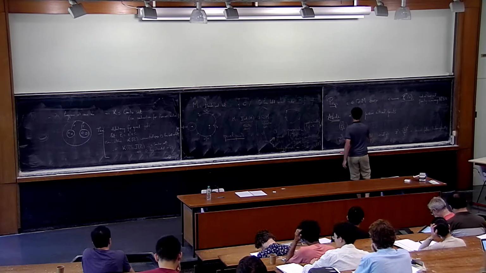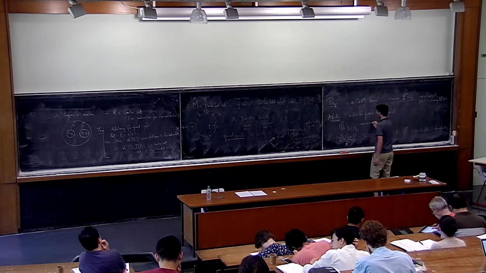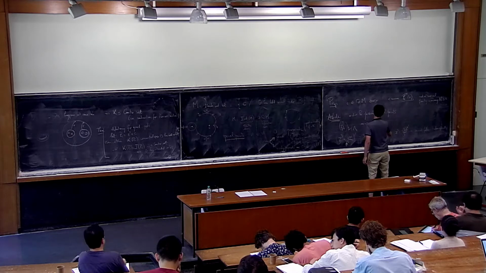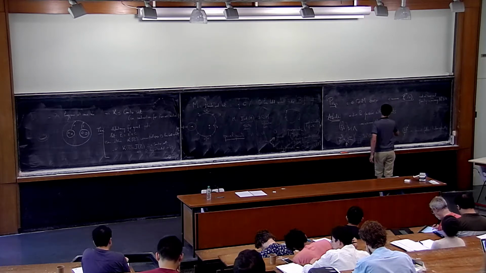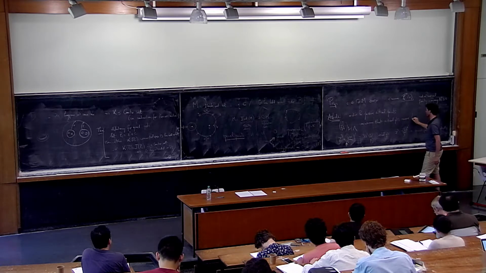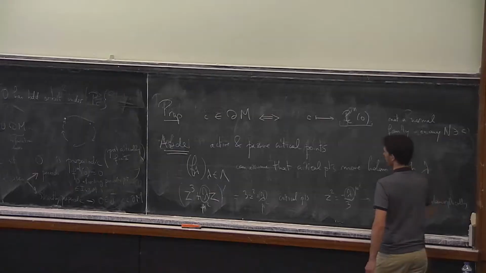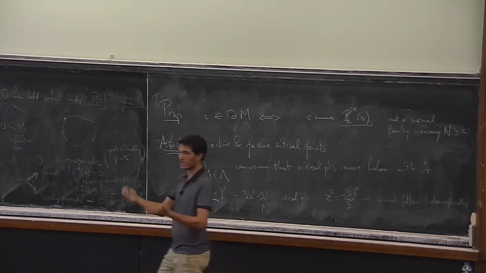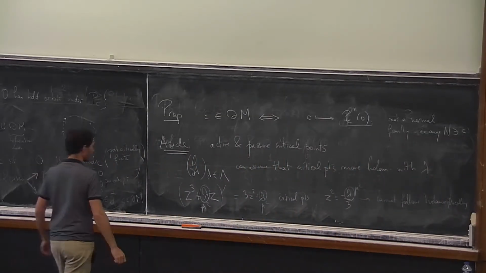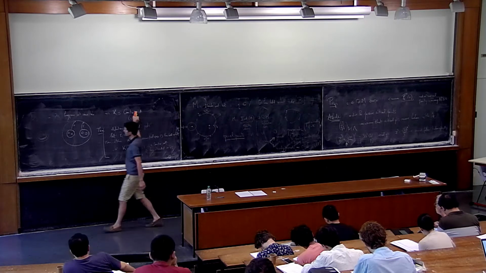So you can assume that the critical points move holomorphically with the parameter. And otherwise, if it's not the case, you just take a branch cover and you get this property. OK, so let me look at one of these critical points.